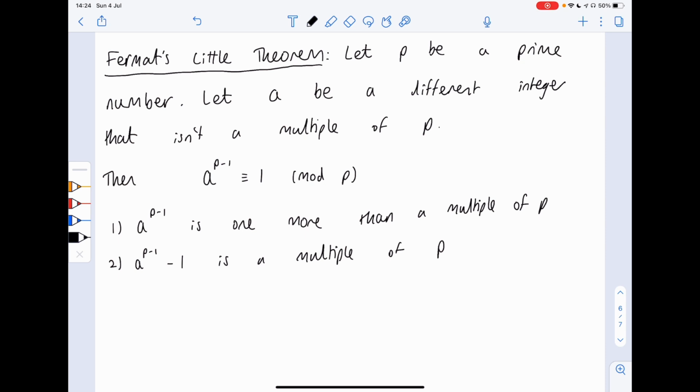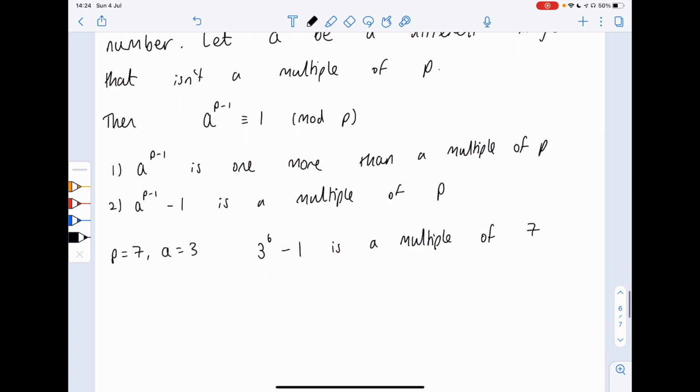So maybe if we take p is 7 and a is 3, then we know 3 to the power of 7 minus 1, which is 6, minus 1 is a multiple of 7. Right, and you can check that. Maybe I'll do it. I've got a calculator in front of me. So 3 to the power of 6 is 729.